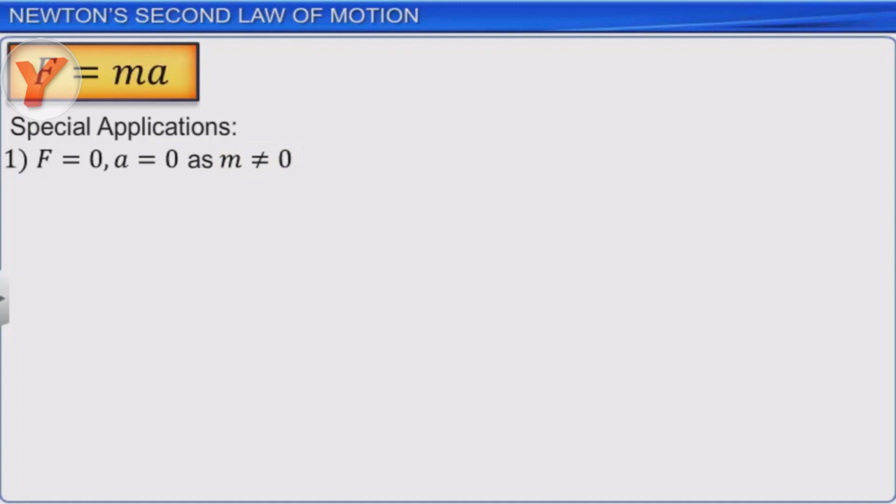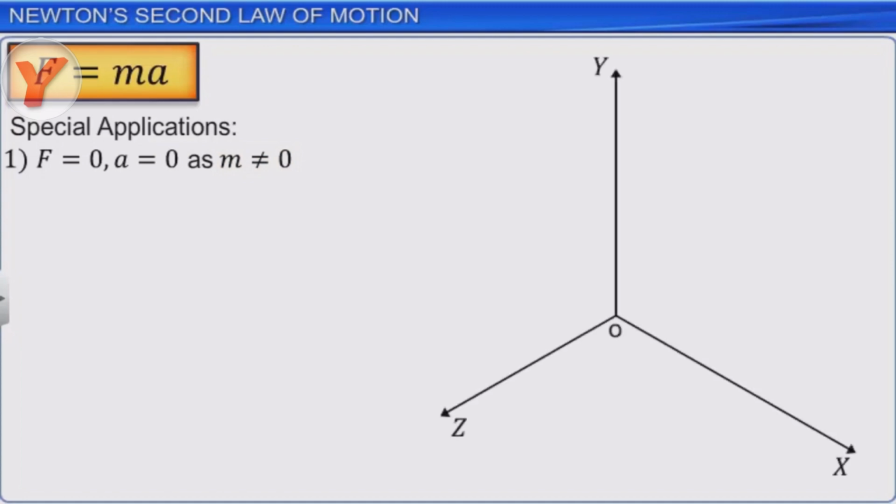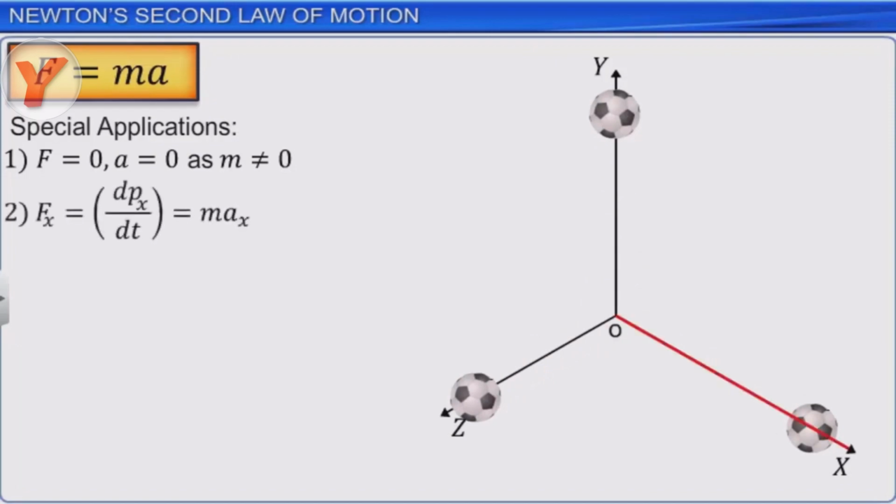Since force applied and momentum are vectors, we can apply the law by taking their components in the 3 coordinate directions, that is, x, y and z. Fx is equal to dpx by dt, which is equal to max.